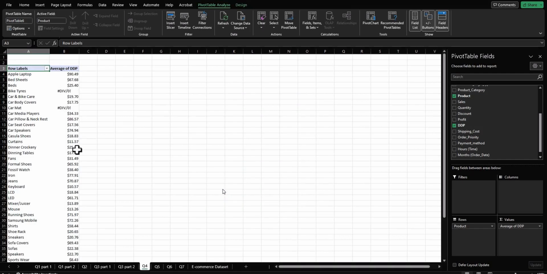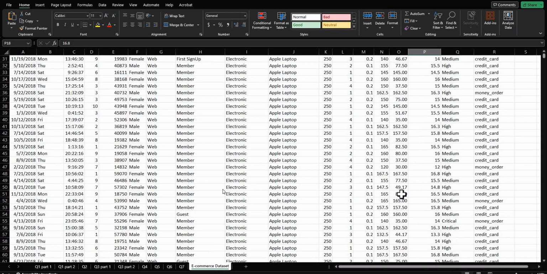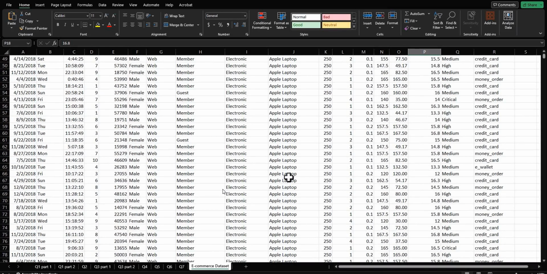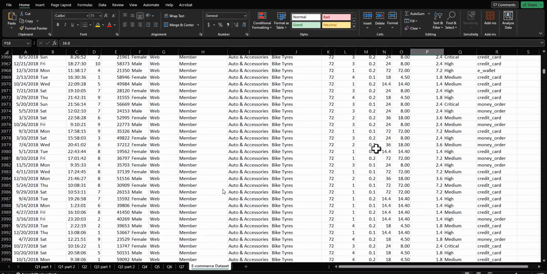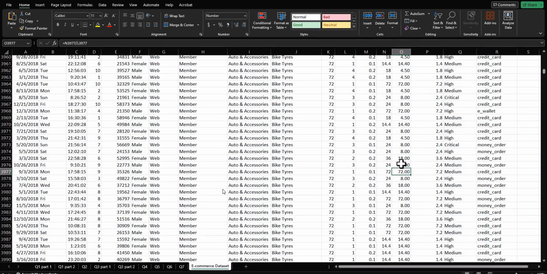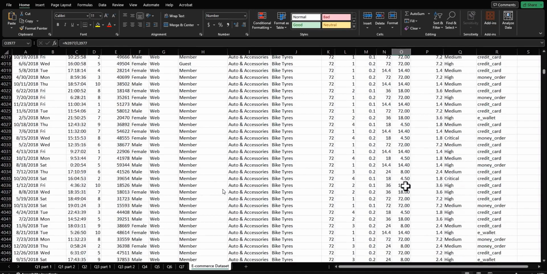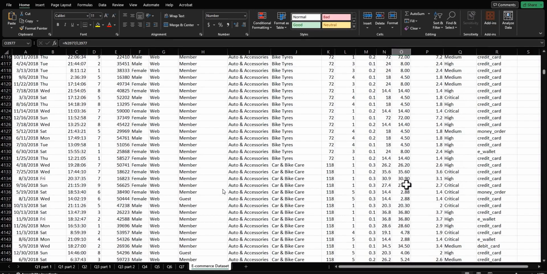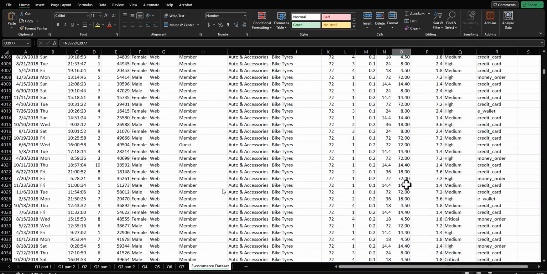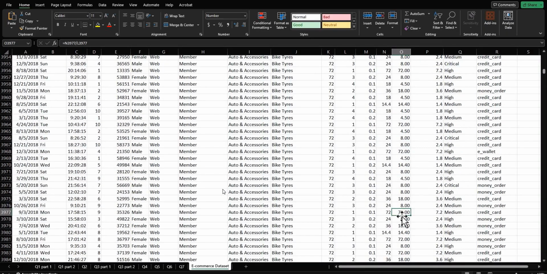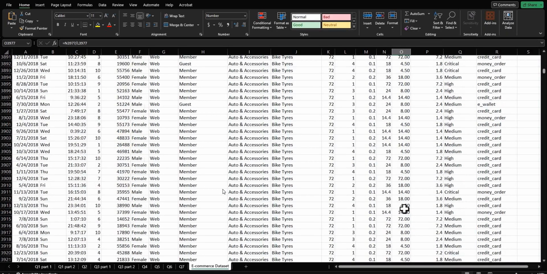We have some issues here. The data's a little weird. Let's take a look at that. Bike tires, what's happening there? Why are you having an issue, bike tires? I don't know why. I think the data's just kind of funky.